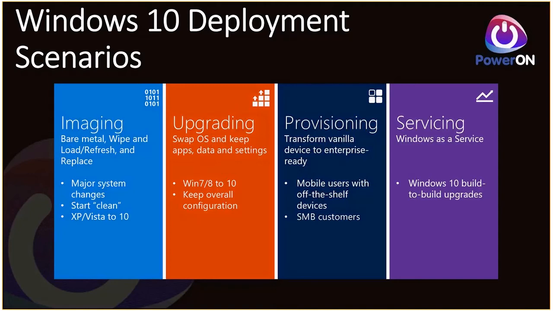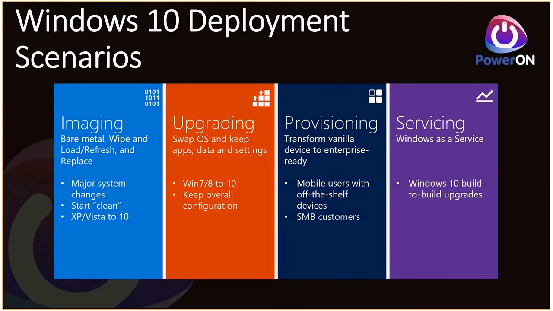So you've installed Windows 10, and to do that, we can leverage the User State Migration Tool to preserve that user data and settings, and then reapply it once Windows 10 has been applied.